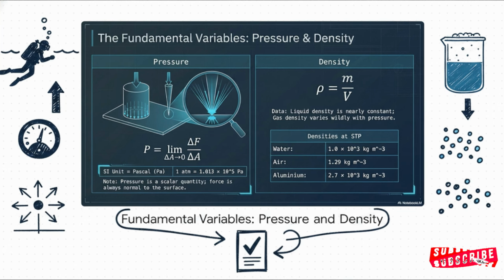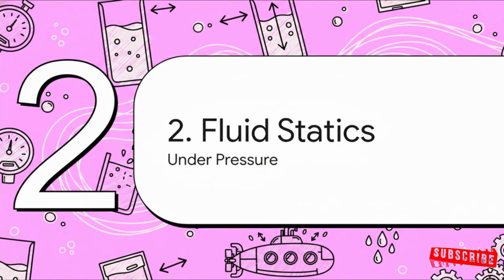Then we have pressure. This is just force distributed normally, or perpendicularly, over an area, measured in pascals. Just remember, pressure is a scalar quantity. It acts in all directions, but the actual force it exerts on a surface is always strictly 90 degrees to that surface.